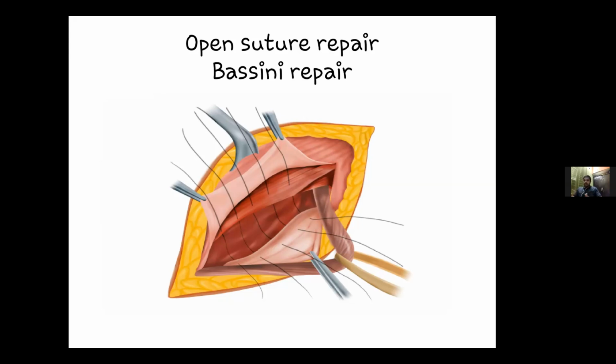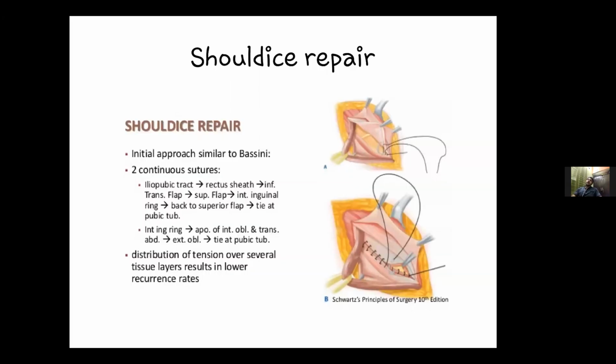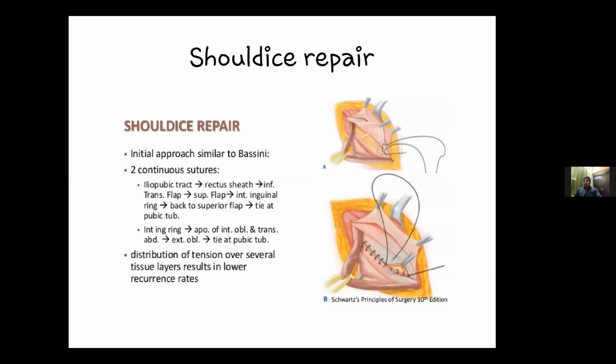Over a period of time, more than 150 varieties of Bassini's repair have been described by many surgeons throughout the world with very little or minimal benefit, except Shouldice's repair, also called a modified Bassini's repair, which incorporates the steps of Bassini's repair along with a modification of a few surgical techniques.